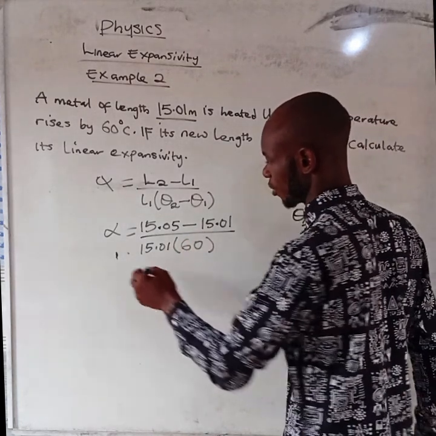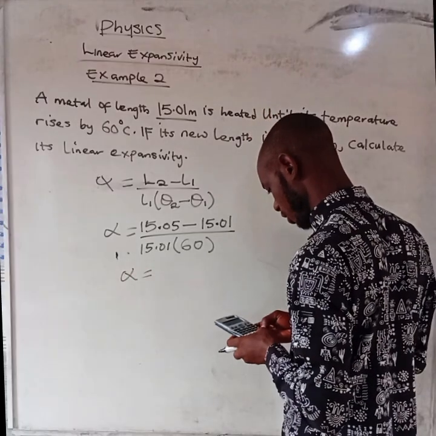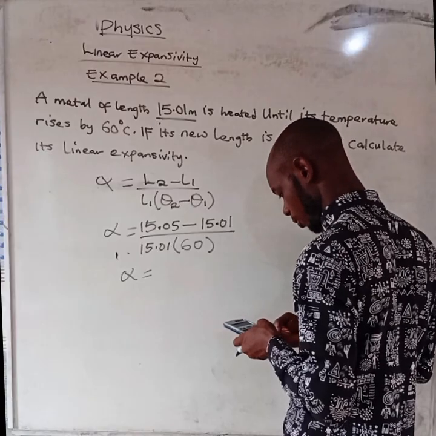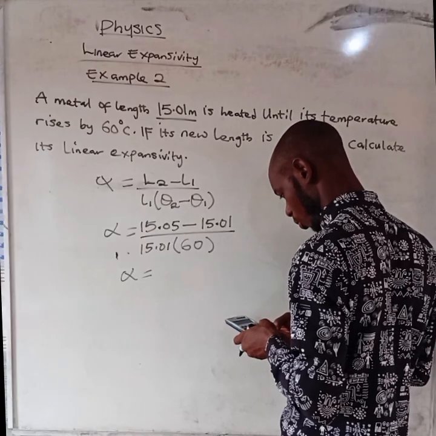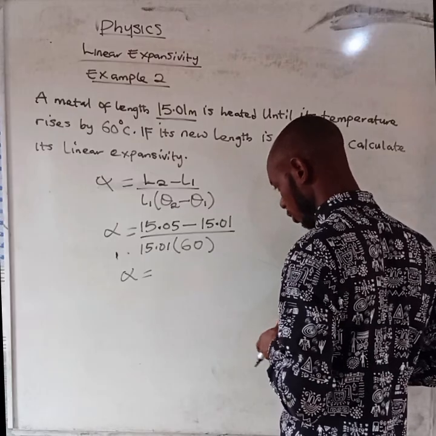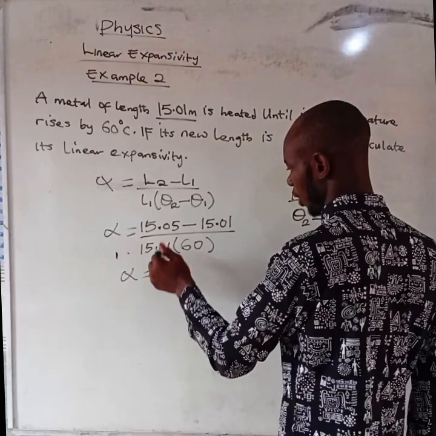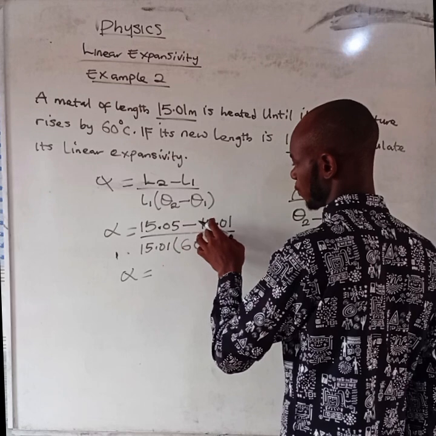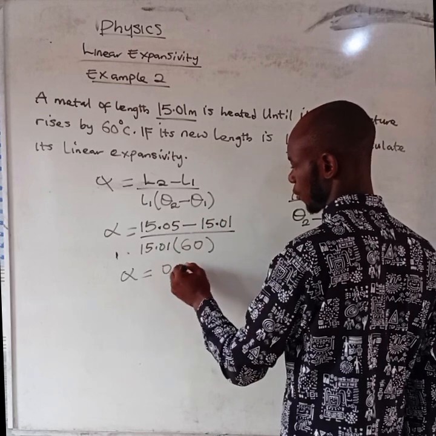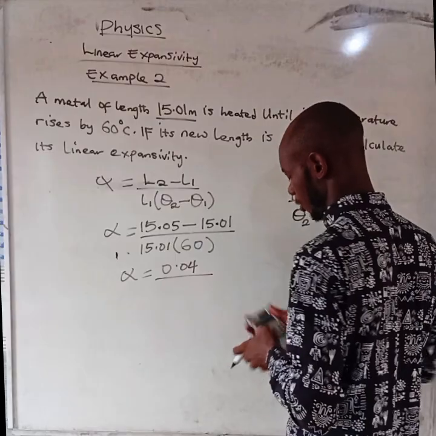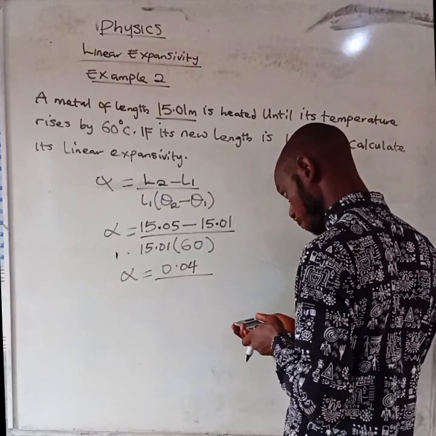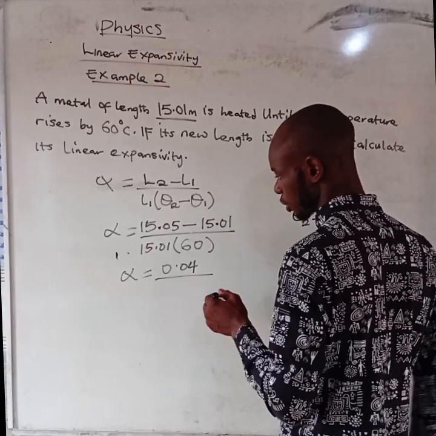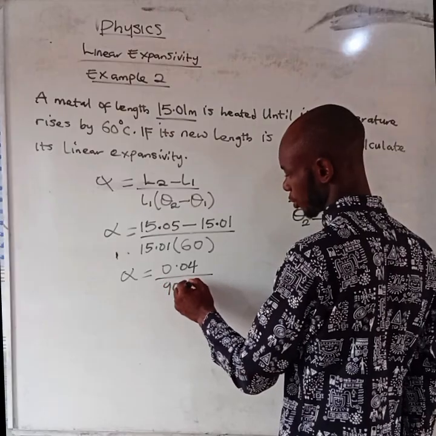So alpha will be equal to 15.05 minus 15.01, which is 0.04, over 15.01 multiplied by 60, which will give me 900.6.